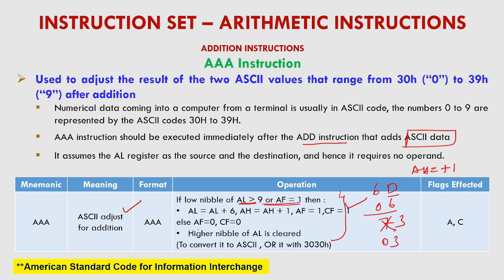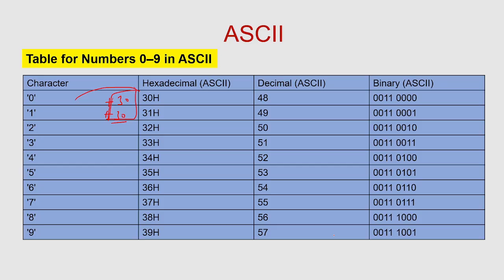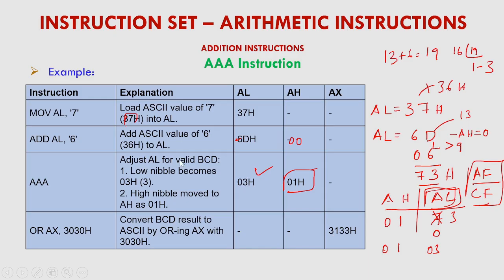Okay, in the other case, if the auxiliary carry flag and carry flag are 0, then the higher nibble of AL is cleared, and to convert to an ASCII value, we OR it with 3030. So now we'll go to the program. See, now after execution of AAA, what is the value in AX? 0103. Okay, now I am going to do the OR with 3030.